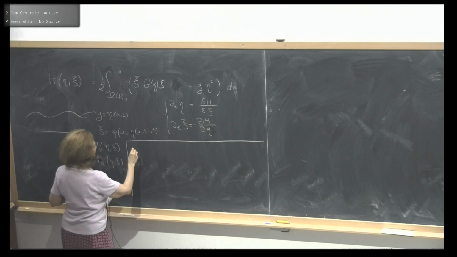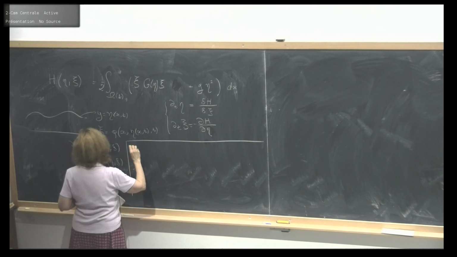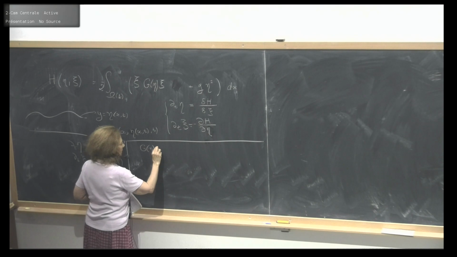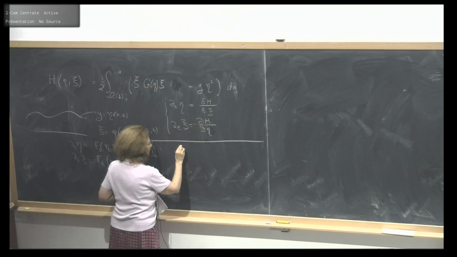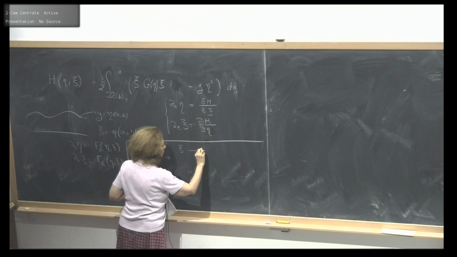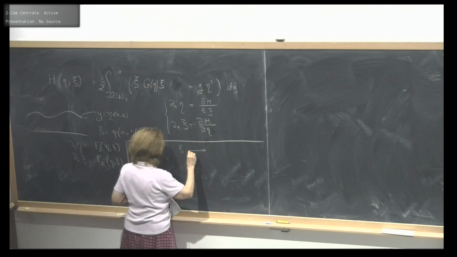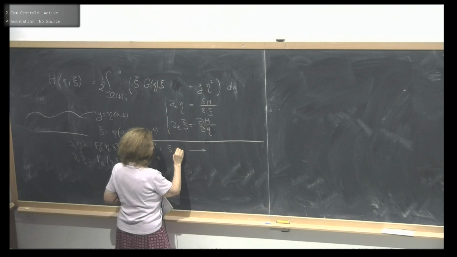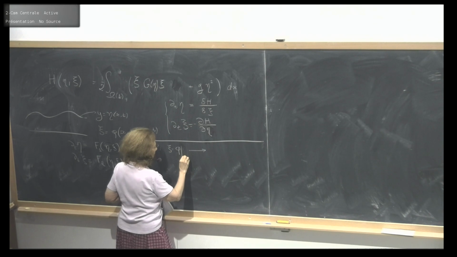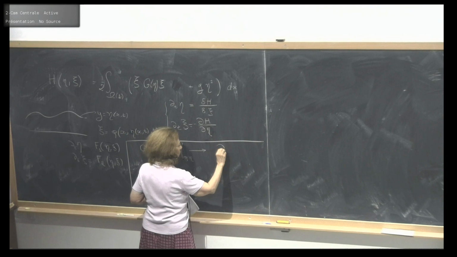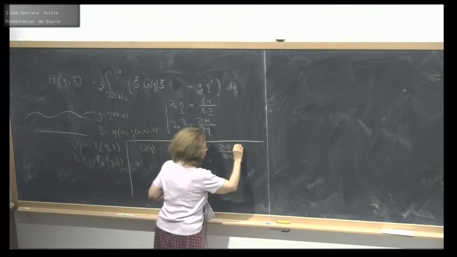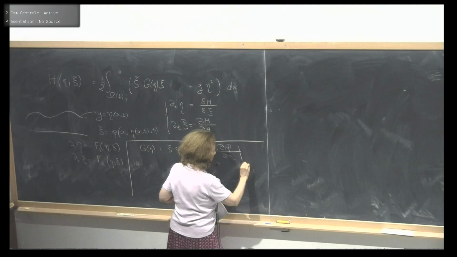I should also say, just to make sure that everybody remembers, that this G eta is the operator that associates to a Dirichlet data, well, we can say xi equals the Dirichlet data on the boundary, the normal derivative.